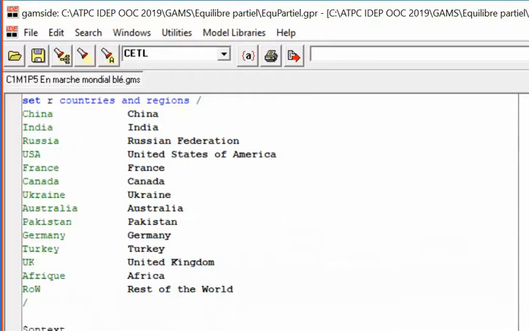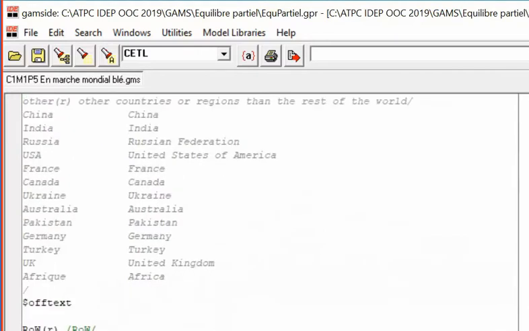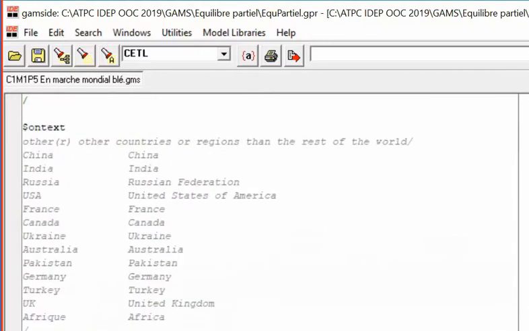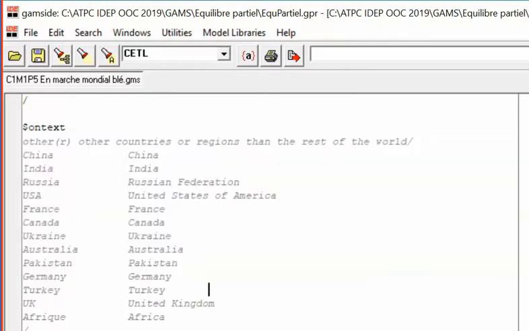To define this subset, I can make these declarations between $ontext and $offtext here, which means that I declare the subset other, a subset of R. I add a text, which means that this set consists of other countries or regions than the rest of the world, and I list all these countries or regions.